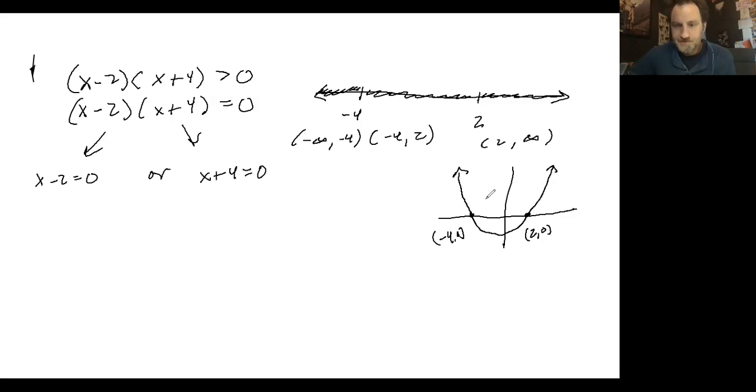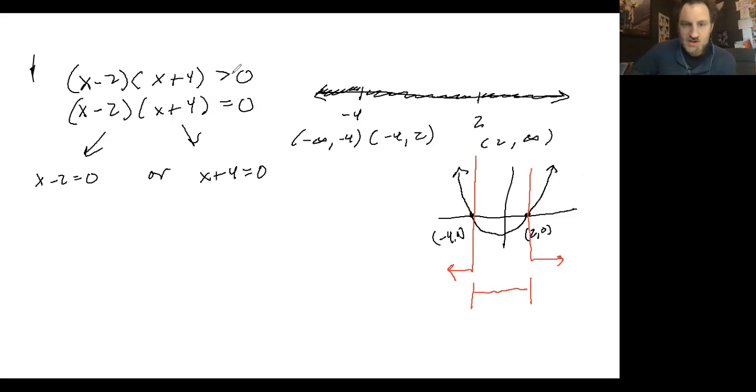Right, so this -infinity to -4, -4 to 2, 2 to infinity breaks the graph up into 3 distinct regions. This one, this one, and this one. Okay. And again, I'm thinking in terms of x, but I'm looking at what the value is in terms of y.